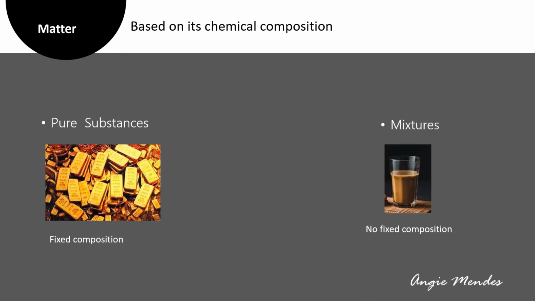Based on its chemical composition, matter is classified as pure substances or mixtures. Pure substances have a fixed composition, whereas mixtures have no fixed composition. We will talk about this a little more in detail.